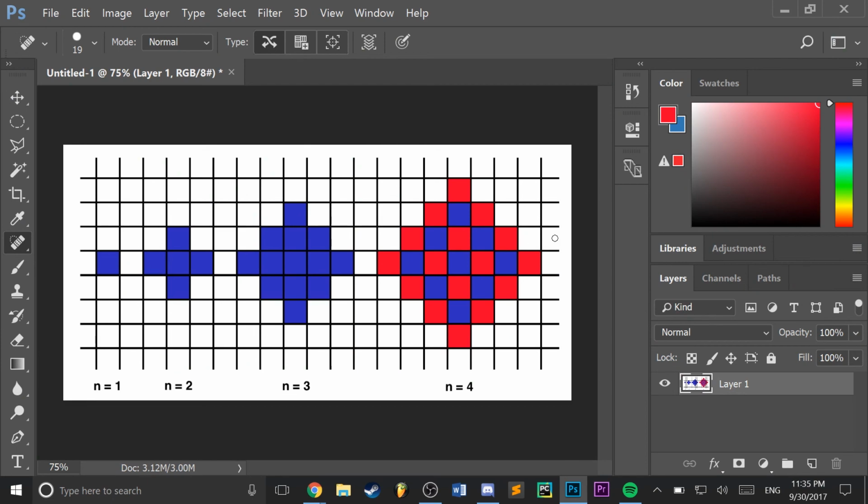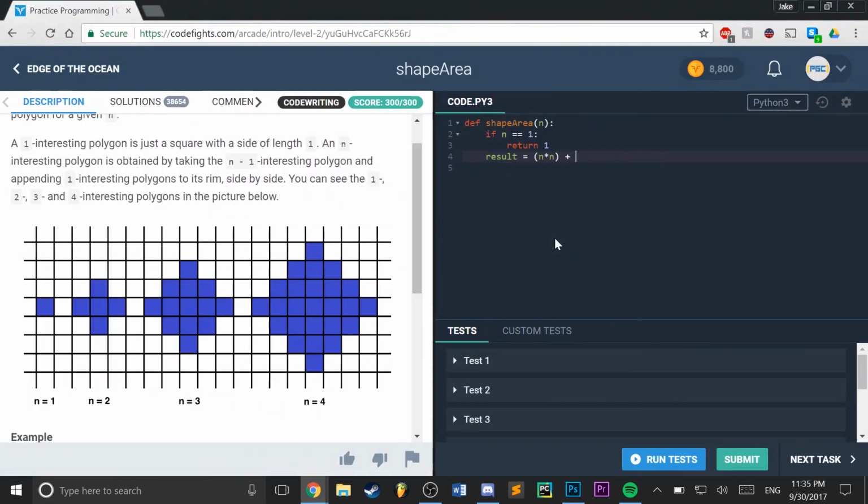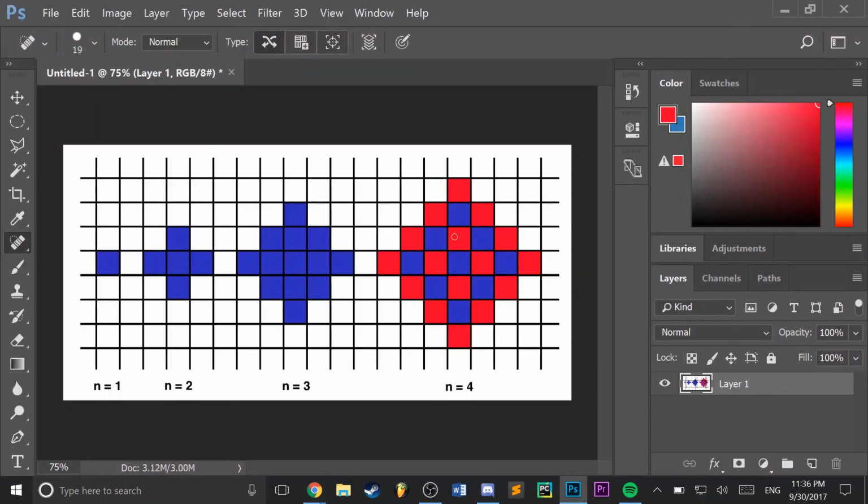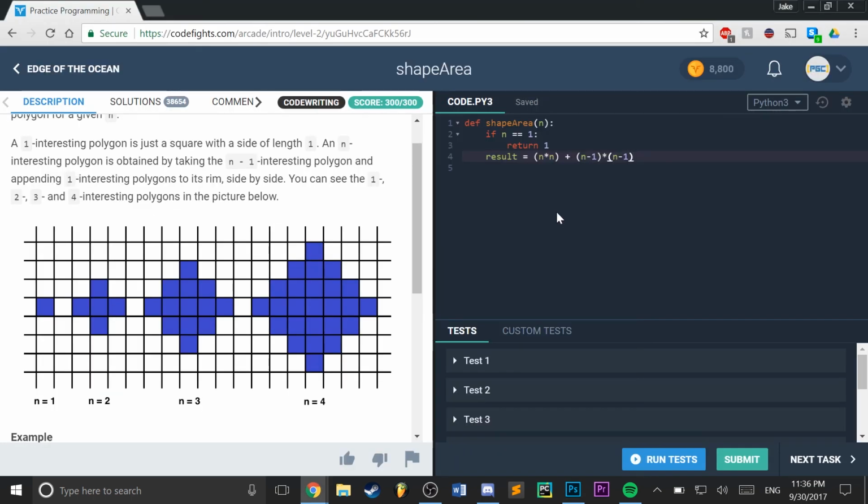And the blue we can express as n minus 1 times n minus 1. That's because we have n minus 1 blue diagonals, and n minus 1 squares in those diagonals. If we add those together, you get the total area. So we can just return that result.